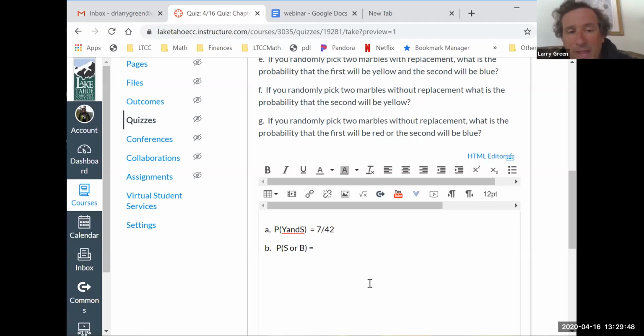Now there's a formula for that. So when you have an or probability, that's a probability of spotted, probability of S, plus the probability of B for blue, minus the probability of spotted and blue. Any questions on this formula?